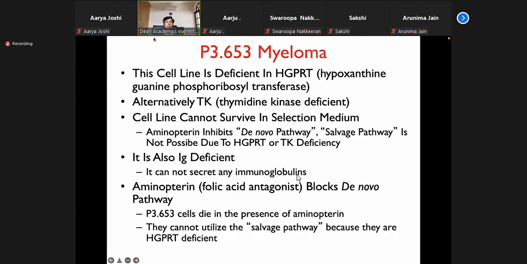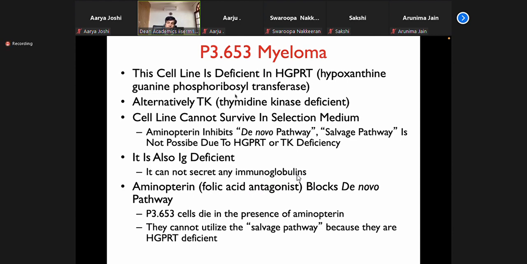These are some of the things that you need to know, taking the example of one of the myeloma cells. We said that these myeloma cells have to be deficient in the enzyme HGPRT, the full form of which is hypoxanthine guanine phosphoribosyl transferase. Alternatively, you can have a myeloma cell line which is deficient in thymidine kinase.